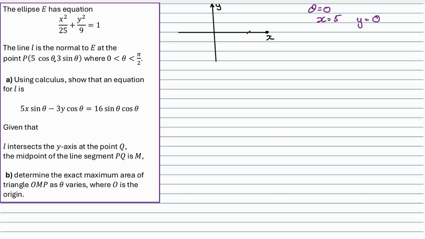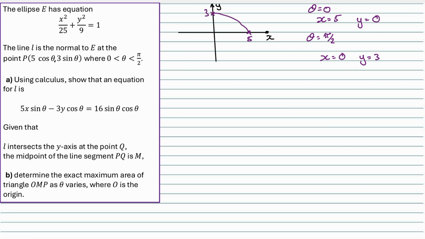So we'll have this point when x is 5. And then when theta is pi over 2, our x value will be 5 cos of pi over 2, which is 0. And the y value will be 3 sine of pi over 2, so that'll just be 3. So we'll have a y value here.